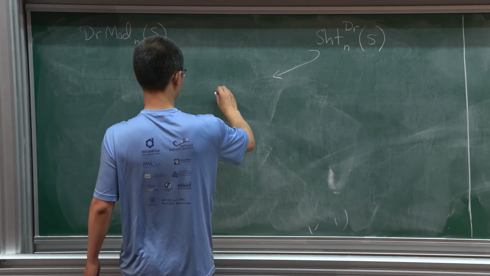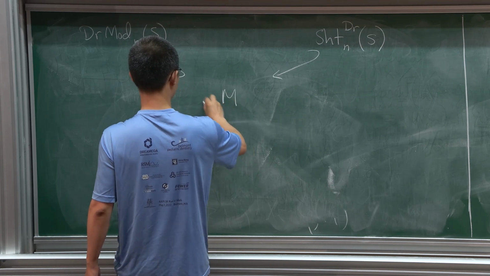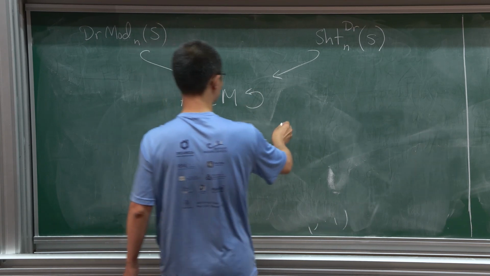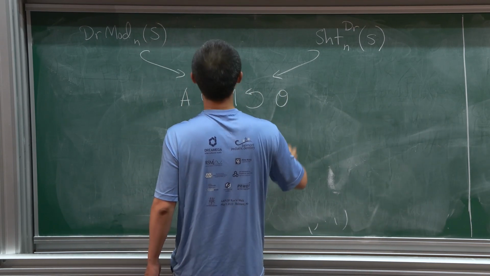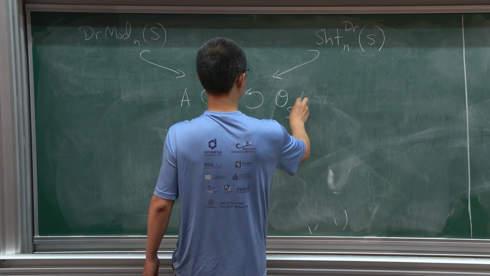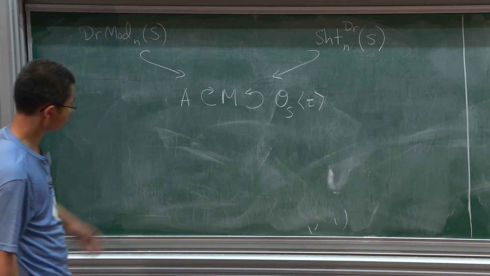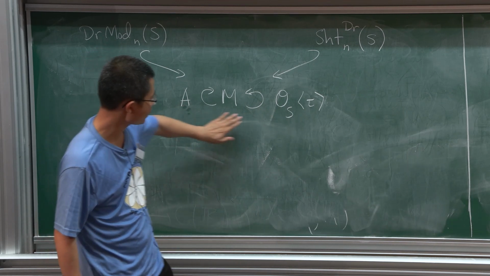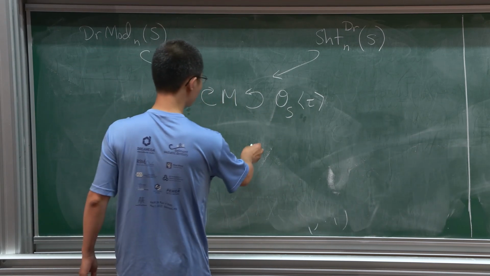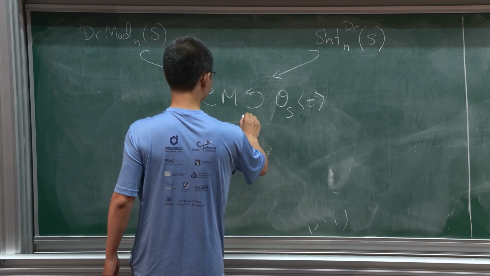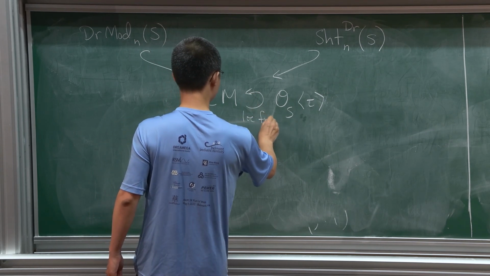That's modules which, on the one hand, have an action of A, and on the other hand, an action of O_S, this non-commutative polynomial ring in one variable. Commuting actions by A and some non-commutative ring, such that this right action is locally free of rank 1.